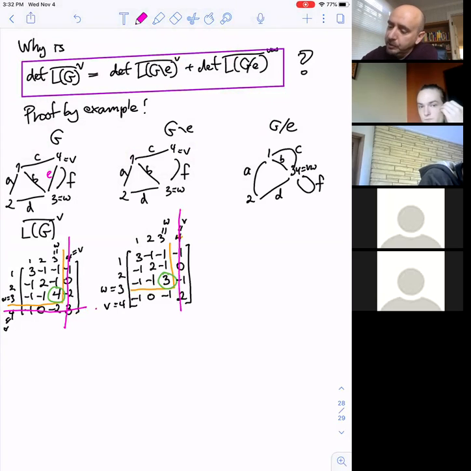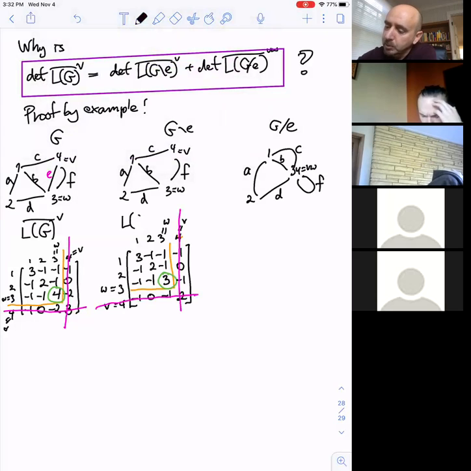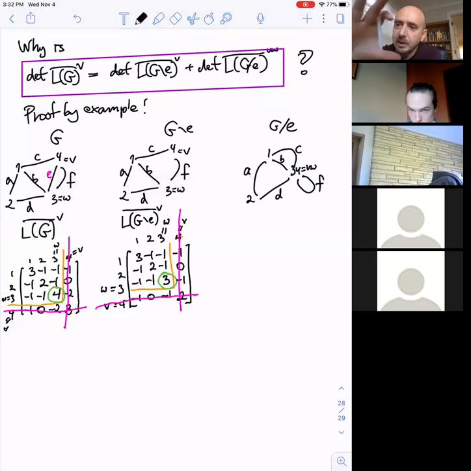Since I chose to reduce this one, what am I supposed to be drawing for you? I was drawing for you the reduced Laplacian for the deletion of edge E, and I was reducing it at vertex V. Everybody okay with that? All right, so it's the stuff in the upper left. It's the stuff that's up here.